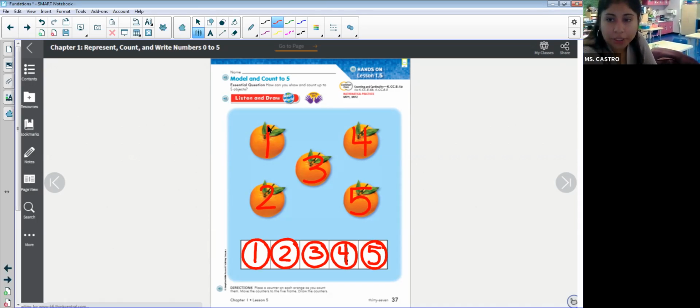So for the 5 oranges that Ms. Castro counted, I showed in the 5 frame that we have 5 oranges. So I drew the circles in the 5 frame and I labeled them with the numbers to show that we have 5. Okay, I'll give you boys and girls a few moments and then we're going to continue.